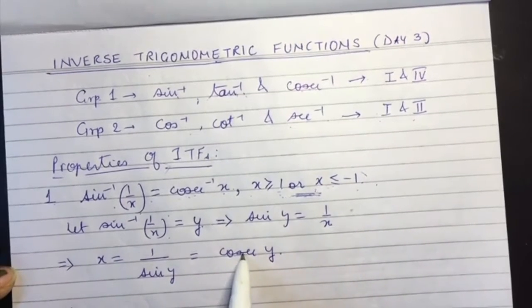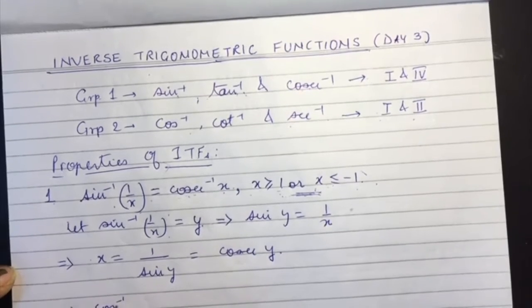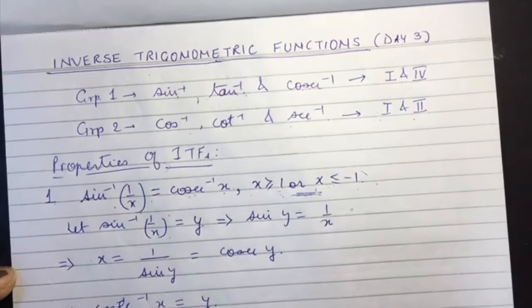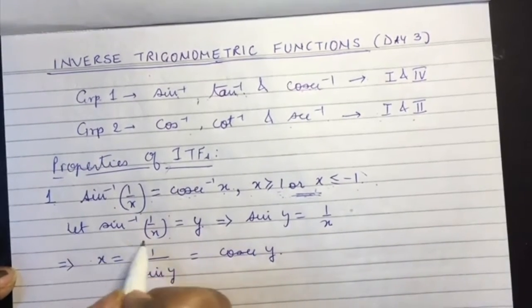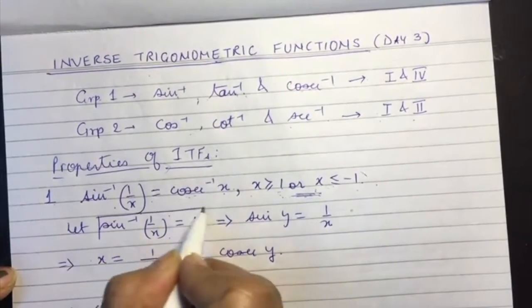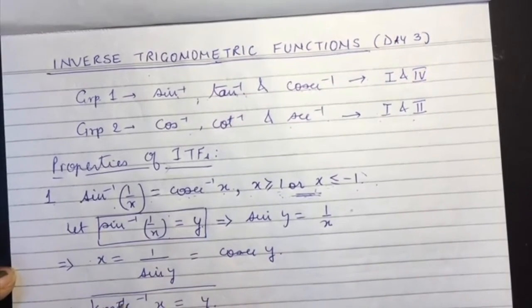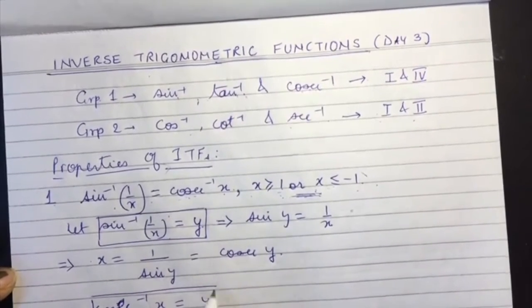This gives us, taking this cosec to this side, cosec inverse x is equal to y.